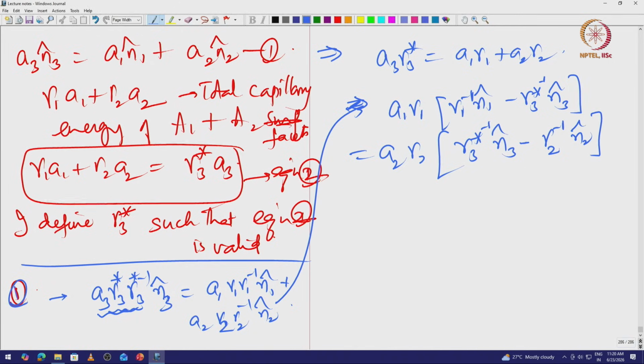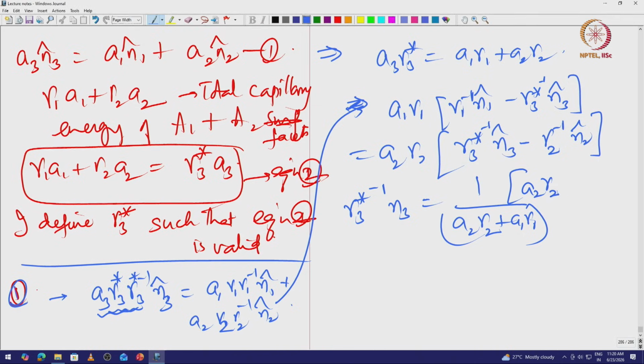Or in other words, gamma 3 star inverse N3 is equal to 1 by A2 gamma 2 plus A1 gamma 1 times A2 gamma 2 times gamma 2 inverse N2, that is a vector, plus A1 gamma 1 times gamma 1 inverse N1, that is another vector.